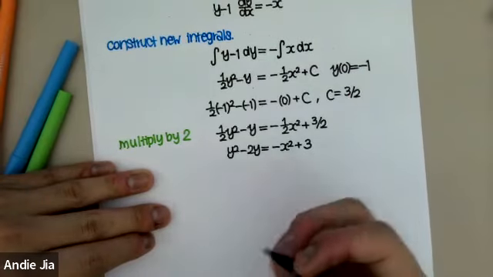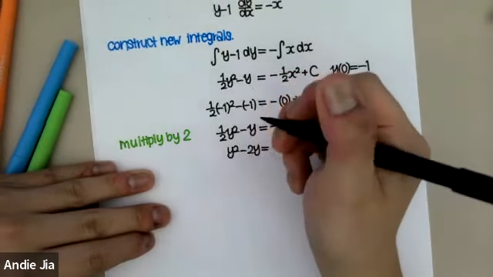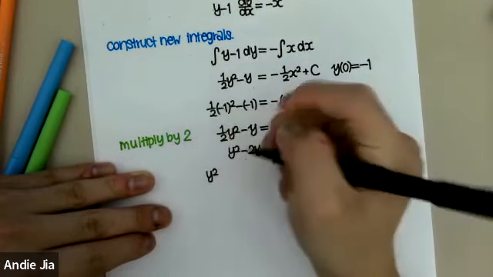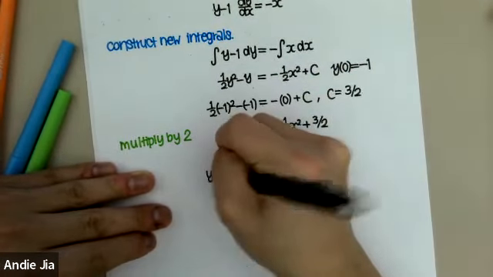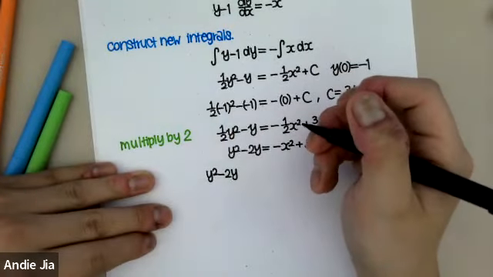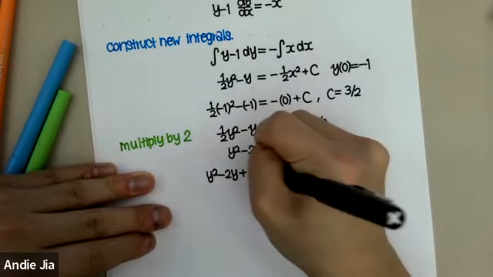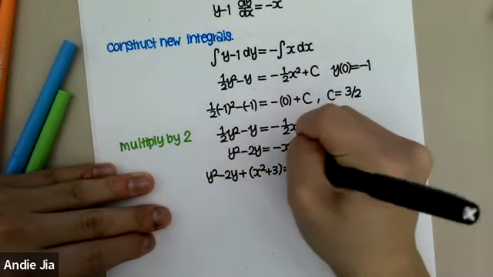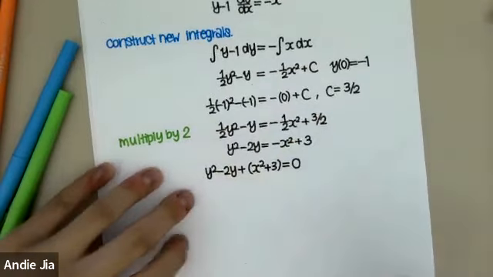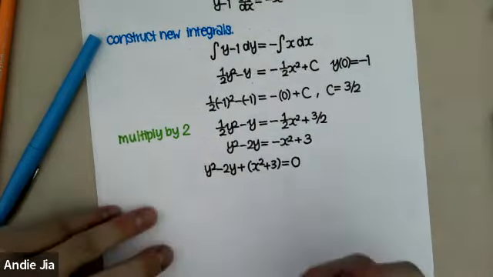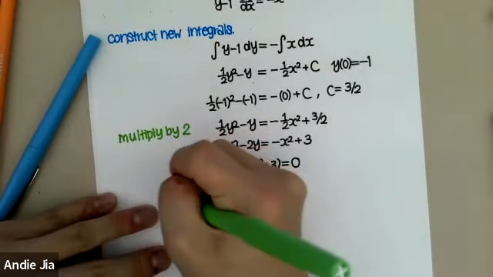So move everything to one side, and it's going to be y squared minus 2y plus x squared minus 3 equal to 0 here. Now we need to look at whether there's something nice here.